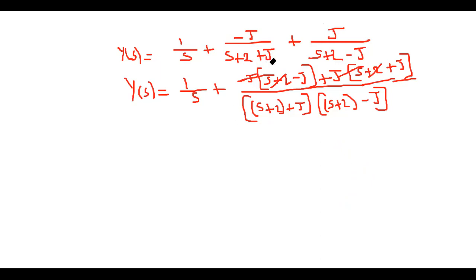S plus 2 plus j and s plus 2 minus j into s plus 2 minus j and s plus 2 minus j, and it becomes a square plus b square, a square minus b square.